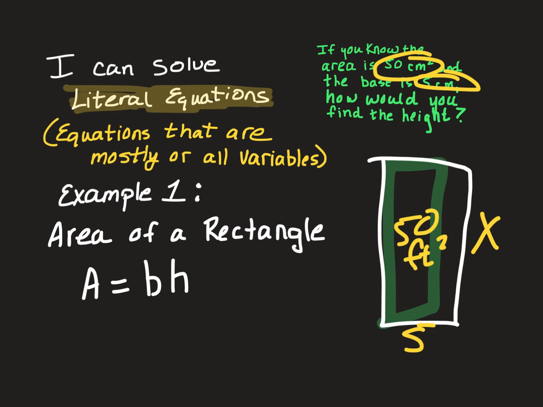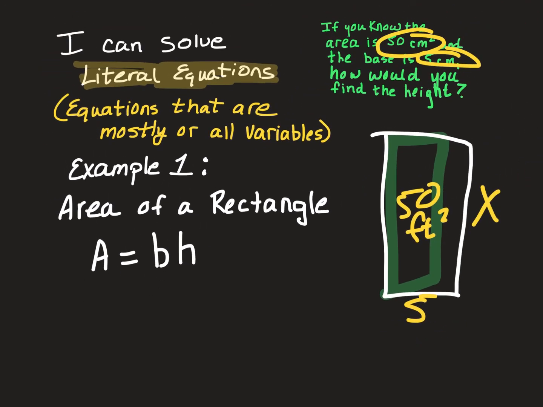Yeah, exactly. They would just do 50 divided by 5, right? So I personally feel like this is a really easy problem to do just by saying, all right, 50 is equal to 5 times h, divide both sides by 5. Again, don't write what's in green.